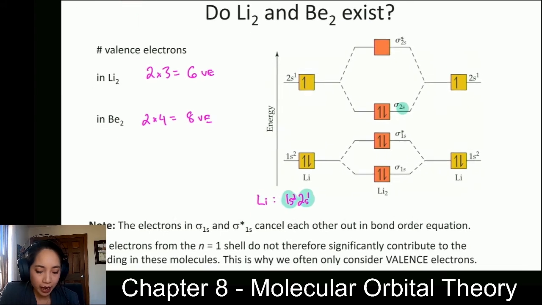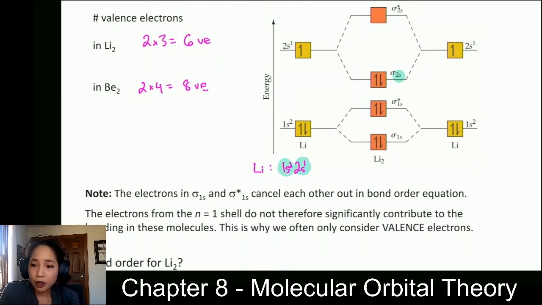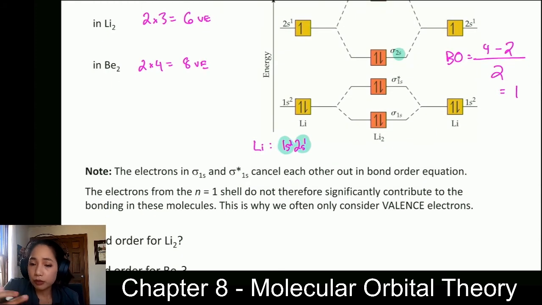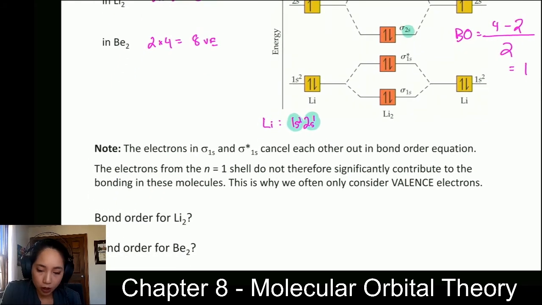And so what you see here, if we calculate bond order for diatomic lithium, is a total of 4 electrons in bonding orbitals, minus 2 electrons in antibonding orbitals, over 2. So bond order equals 4 minus 2 over 2 equals 1. So diatomic lithium should exist.